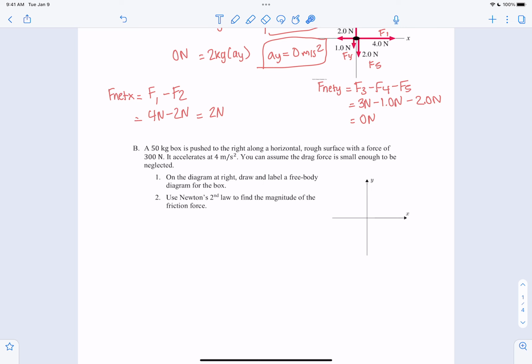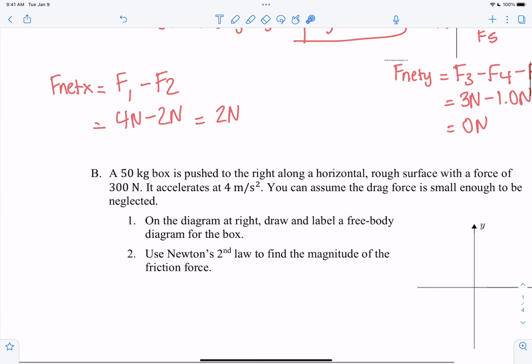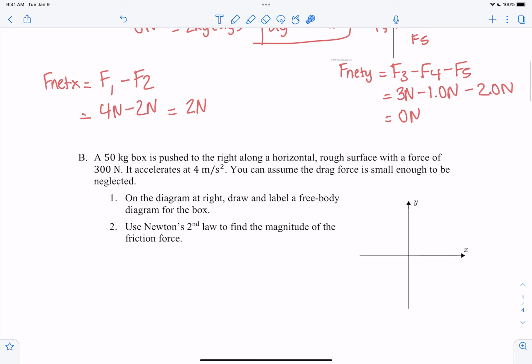The problem with problems like these is that there's a lot of implicit work that needs to be done. What does that mean? Well, we know the mass is 50 kilograms. We know the force, F push, since we're pushing a box, is 300 newtons, along the horizontal axis.